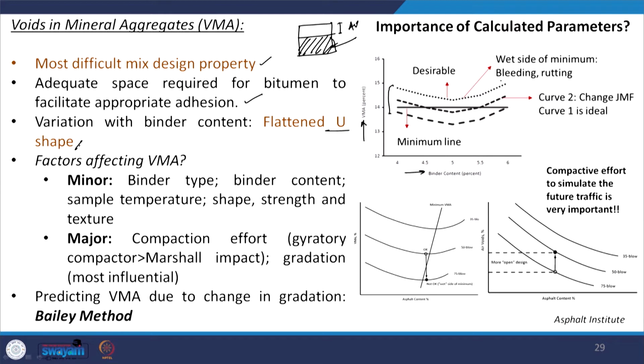Let us say we have a fixed aggregate gradation. When binder comes in, it provides some lubrication within the mixture, and the aggregate particles can slide past each other, which means the friction between them reduces, and then they occupy new space in a more dense configuration.